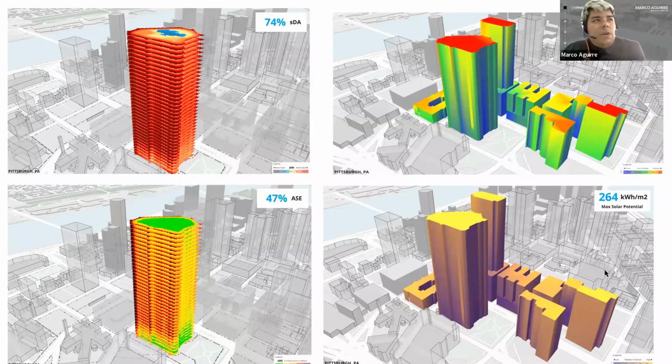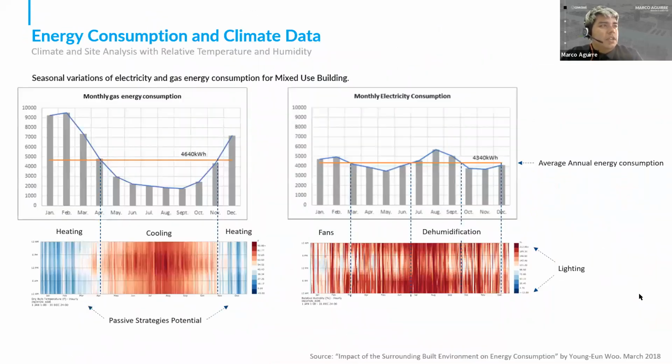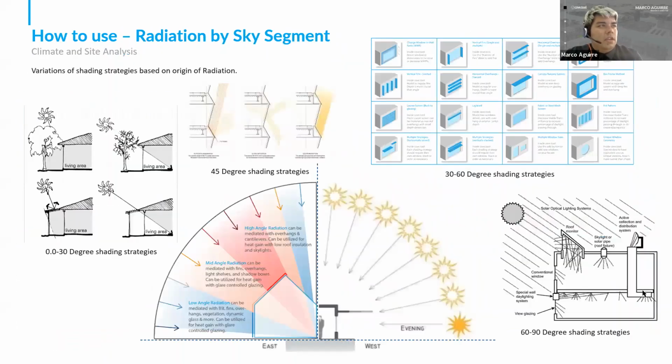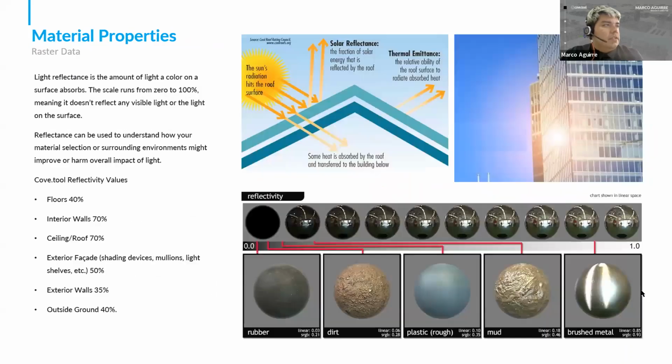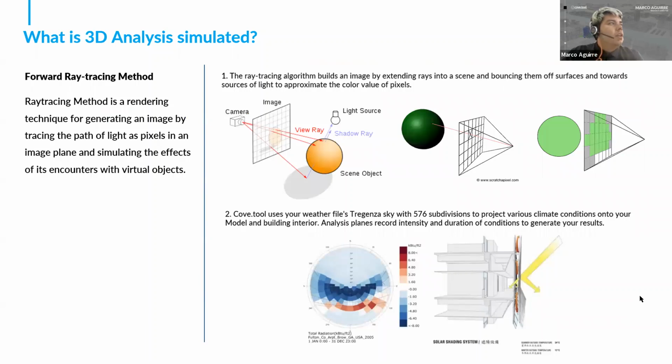And then we also are validated against Radiance. So even though we don't use the Radiance engine, we do make sure that we're within the expected results if you were to use Radiance.